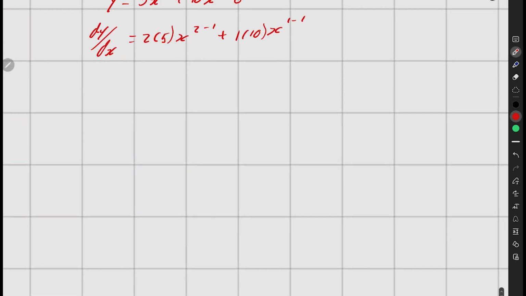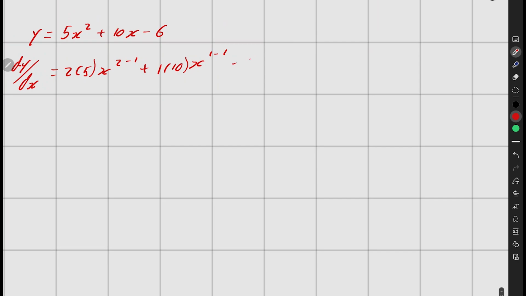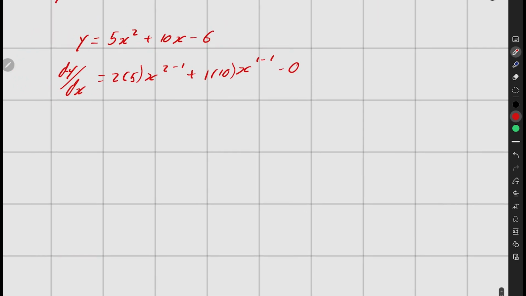So this negative 6 here is just going to be 0, alright? And I'll just write it down just so you know what we're doing. And once you get good at these, you can start doing these in your head, skipping steps. But when you're first doing it, make sure you just write everything down, as it's going to help set in stone in your mind what you're doing and help you have a broader understanding of differentiation.